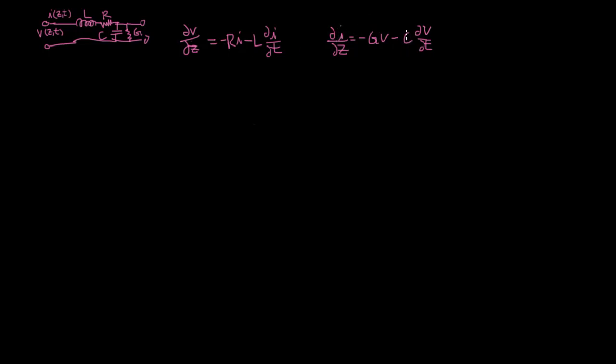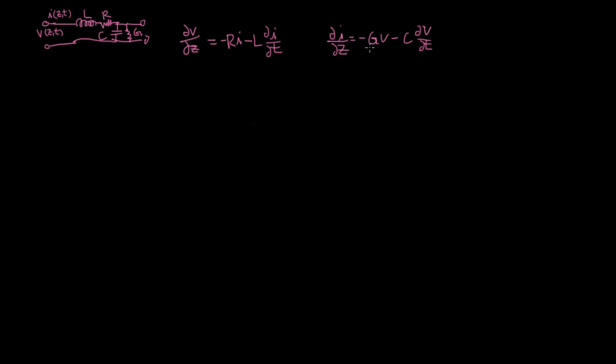So what we want to get to is a single differential equation with just the voltage as the variable, and a single differential equation with just the current. And that way, depending on how it looks, we might be able to do our tried and true method of guess and check to come up with a general form for the solution.